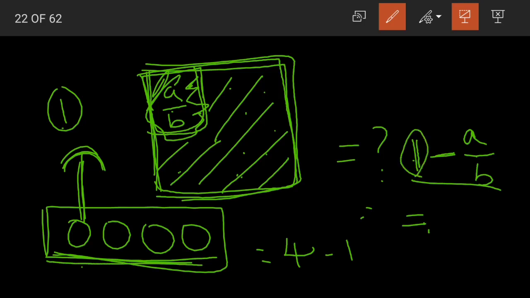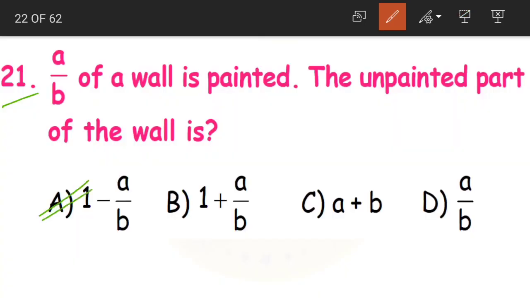From the whole, this part is painted. Now the portion of the wall that is unpainted becomes the whole minus the painted part. It is just a simple subtraction. Just because it is a fraction here, don't get confused. 1 minus A by B. Option A, 1 minus A by B is the answer.